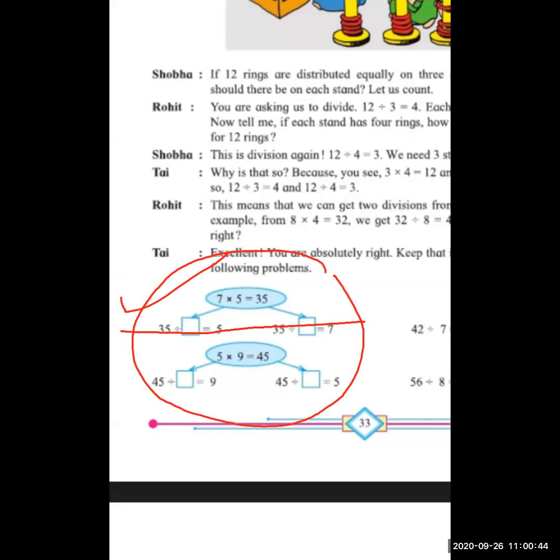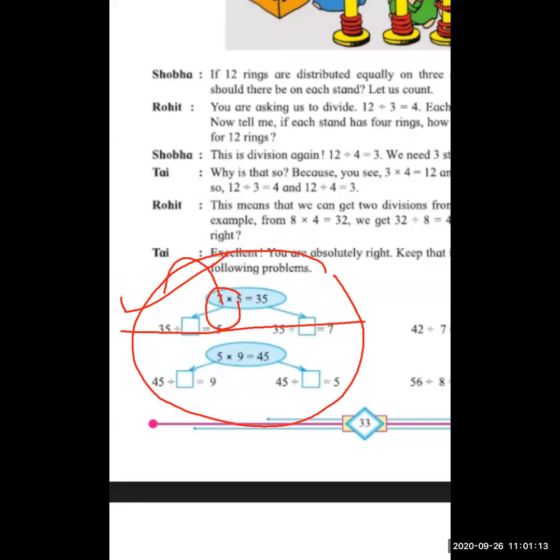Now look at here, students. 35, and after is equal to, what is given? The number 5. Yes or no? So you want to take the table of 5. In the table of 5, 35 on which place will come?